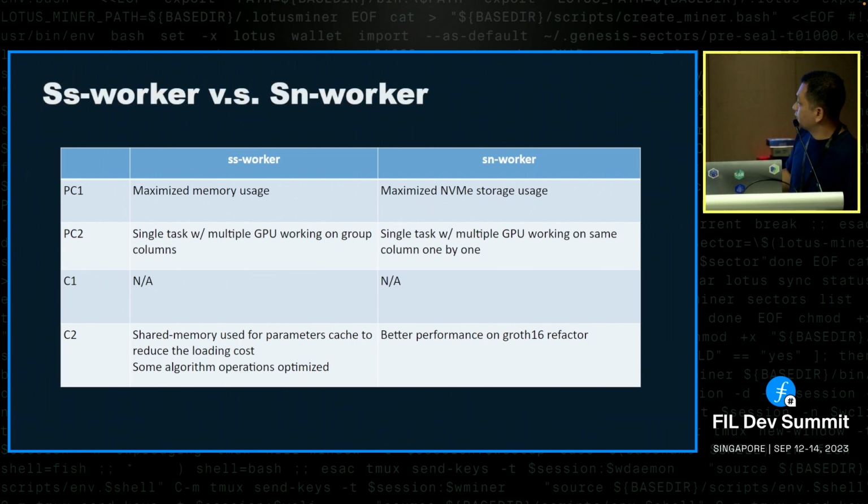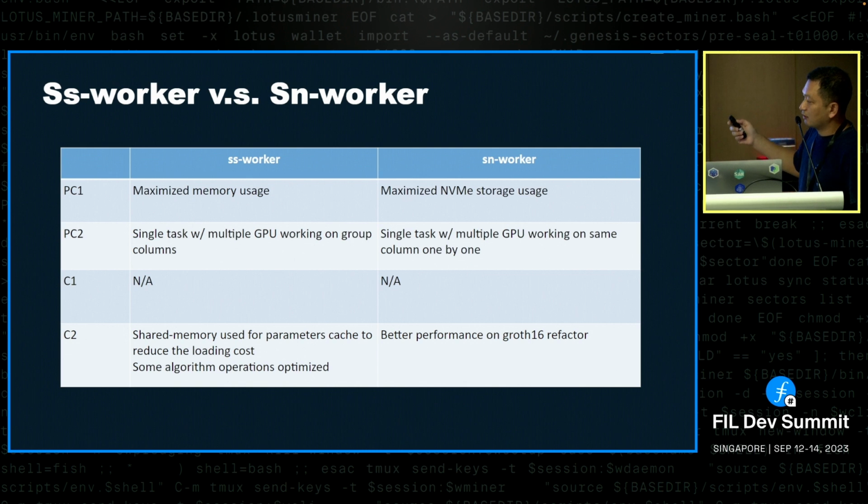Of course, here I would like to introduce more about the difference between the StorSwift worker and the supranational worker. They have different purposes, especially for the PC1 phase. For the StorSwift worker, we maximize the memory usage. The details I will introduce in the next page.